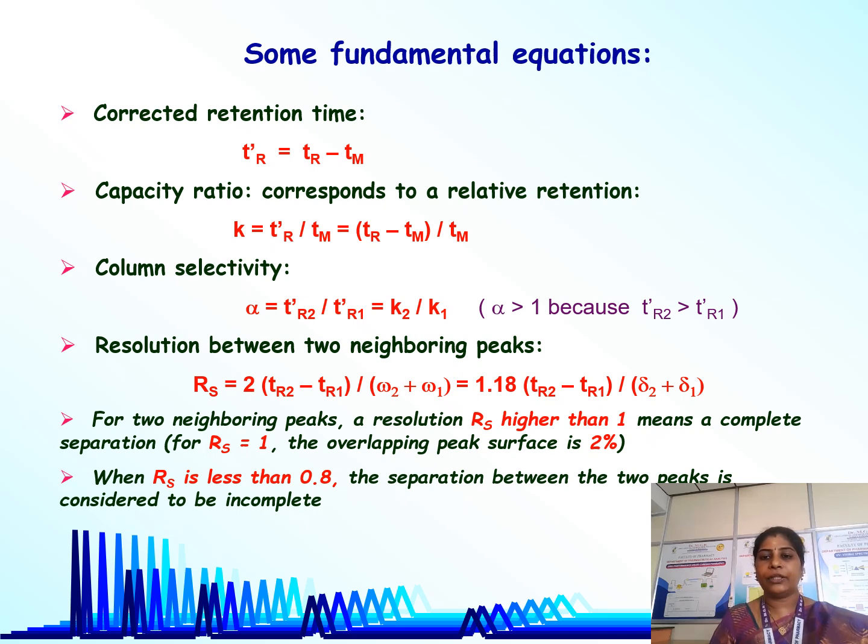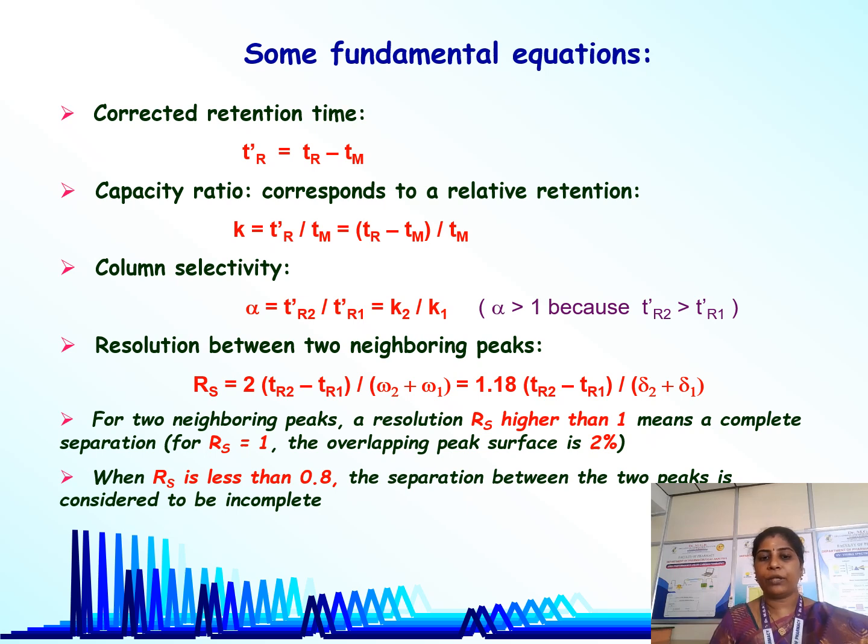The capacity ratio corresponds to the relative retention, k equals TR prime divided by TM, which is nothing but TR minus TM divided by TM. Column selectivity alpha equals TR2 prime divided by TR1 prime, which equals k2 divided by k1, where alpha is greater than 1 because TR2 is greater than TR1.